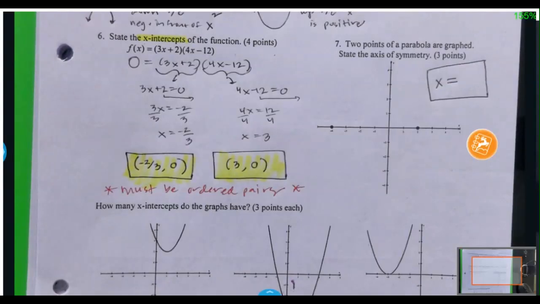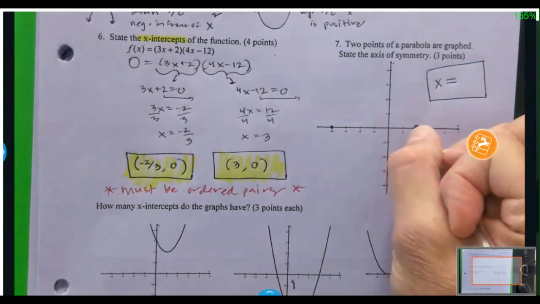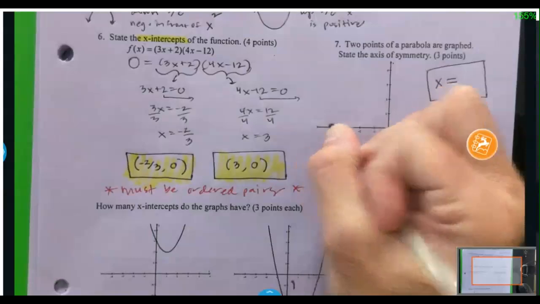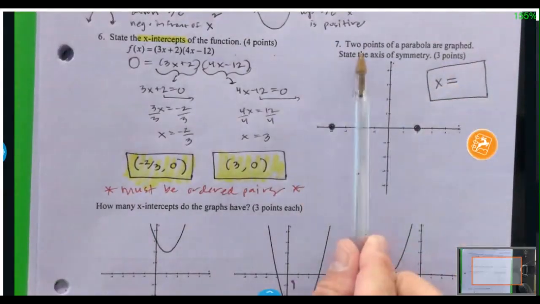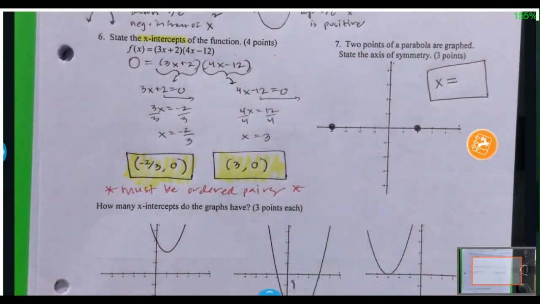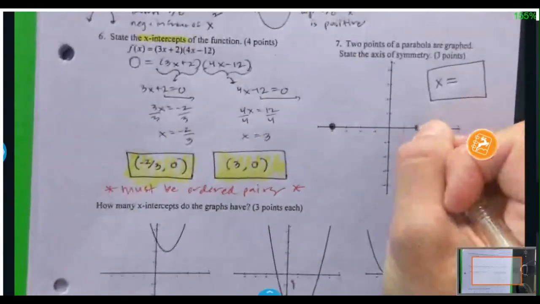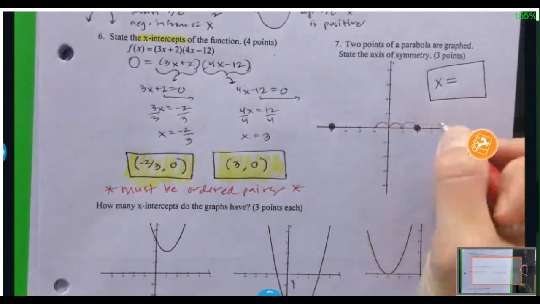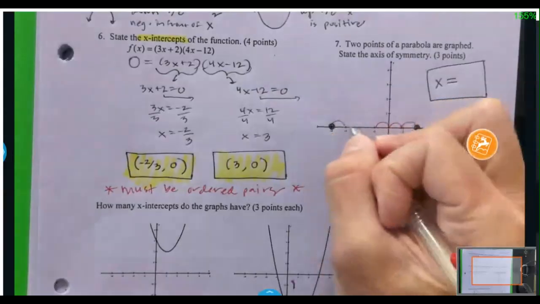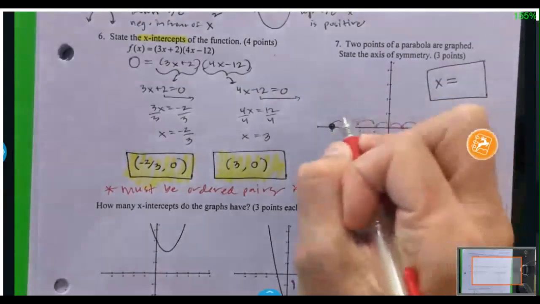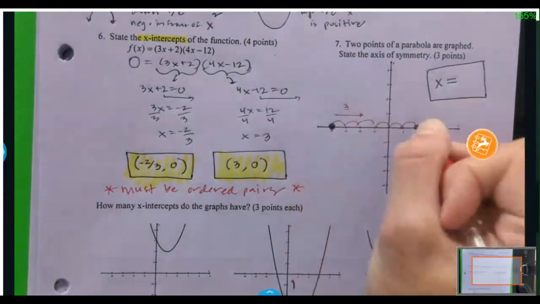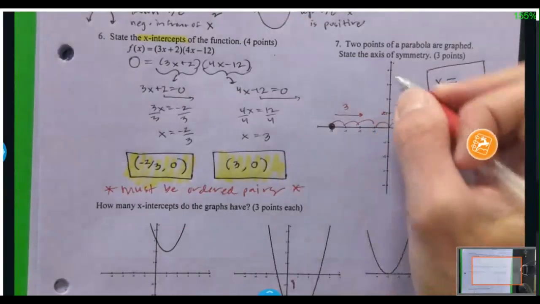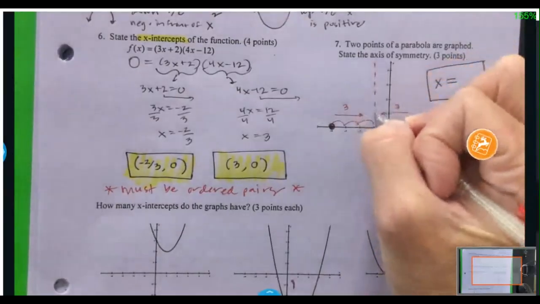Now, we talked about, who did we talk about on Tuesday that has a perfectly symmetrical face? Beyonce. So if this is Beyonce's eyeball and this is her other eyeball, we know her nose has to come through the middle. In other words, if you come 1, 2, 3 to the left, and then 1, 2, 3 to the right, if we move 3 in here and we move 3 in there, we're going to get where her nose should be.